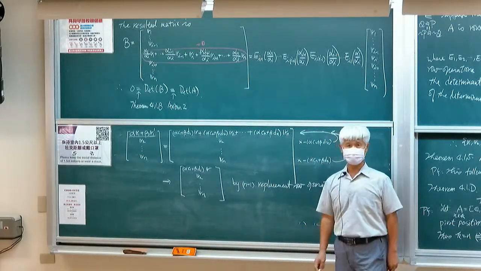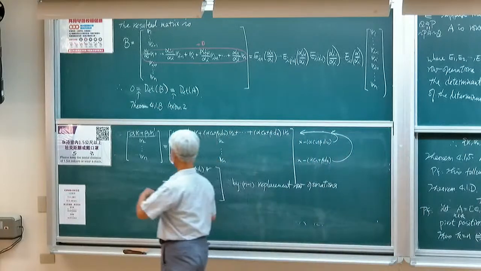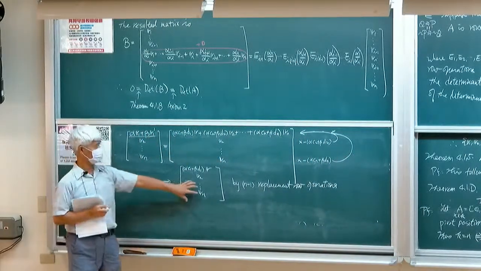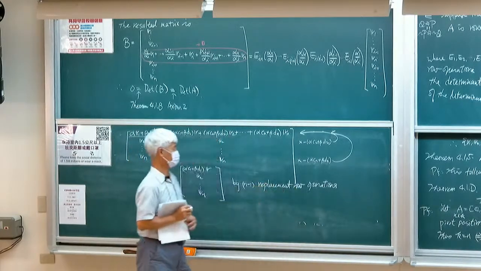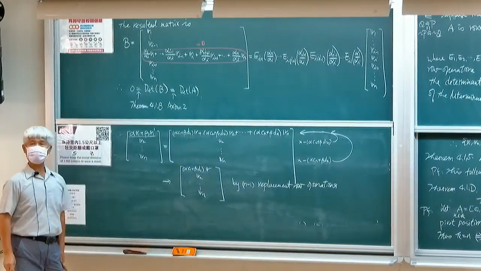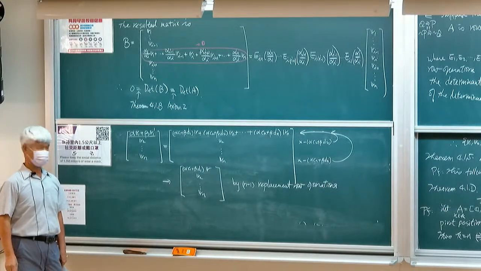So we can reduce this matrix to this matrix by n minus 1 replacement row operations. So what is the implication?